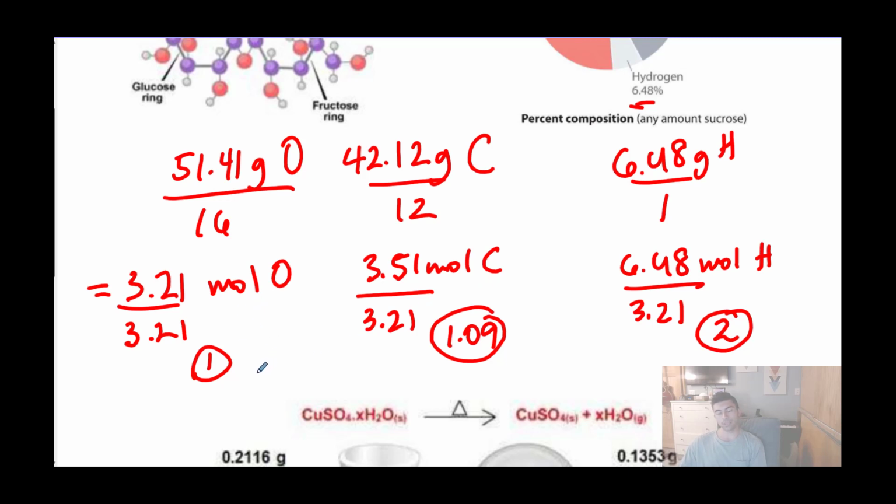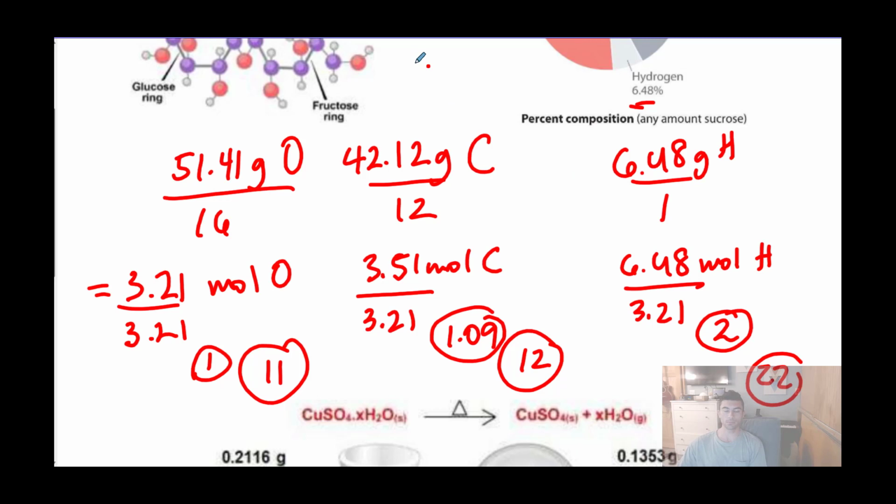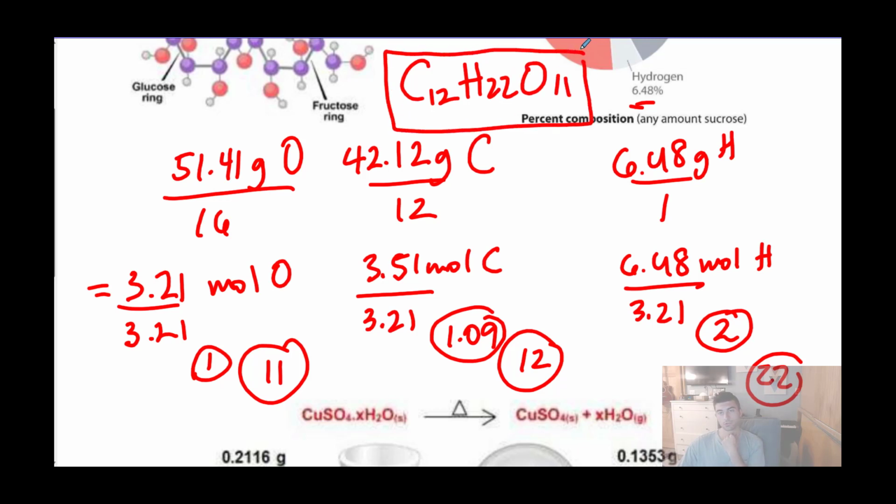So the only way to get rid of it, we're going to multiply everything by 11, which turns this into 11, this into 12, and this into 22. And we get the empirical formula C12H22O11, which happens to be sucrose's molecular formula as well. If we found the mass of this, we'd find that it matches the molar mass of 342 grams per mole.